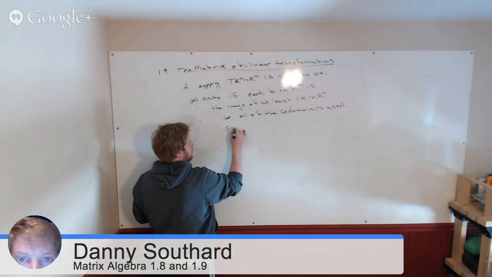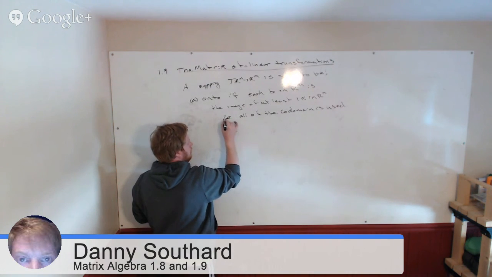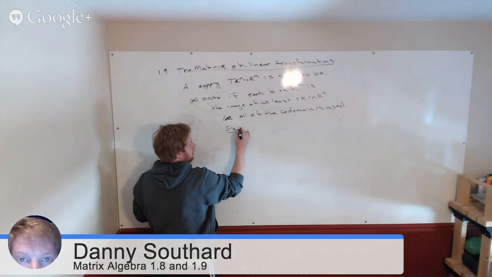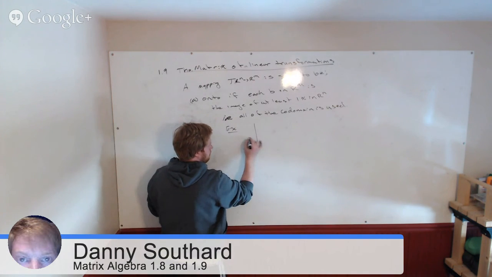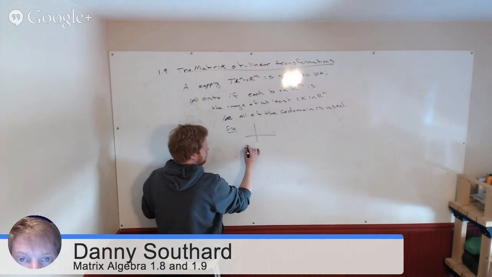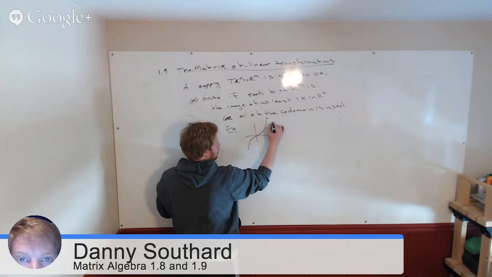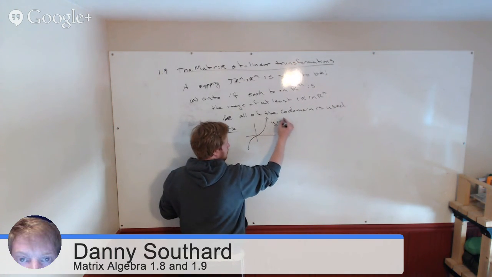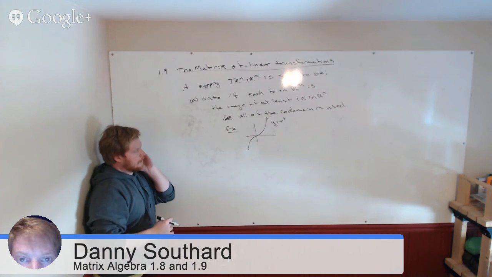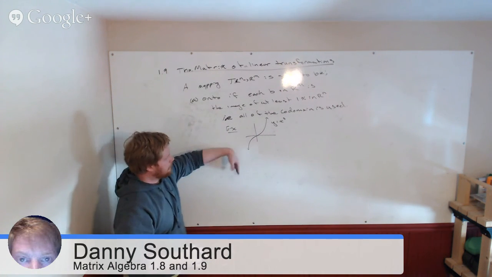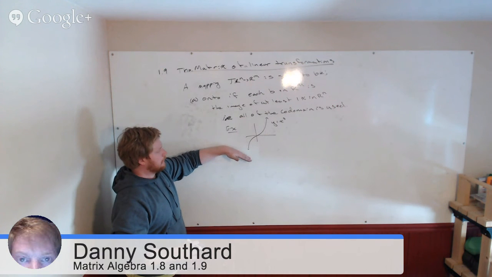Example. This is onto because everything in the possible range is hit.